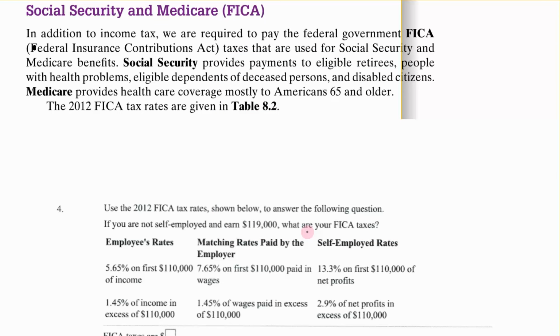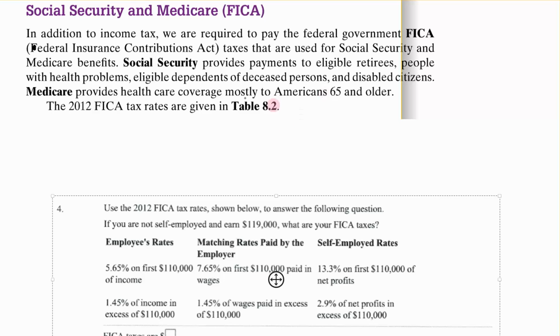These are used for Social Security and for Medicare benefits. Social Security provides payments to eligible retirees, people with health problems, eligible dependents of deceased persons, and disabled citizens. Medicare provides health coverage mostly to Americans 65 and older.